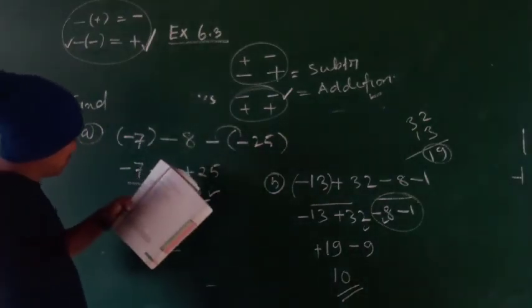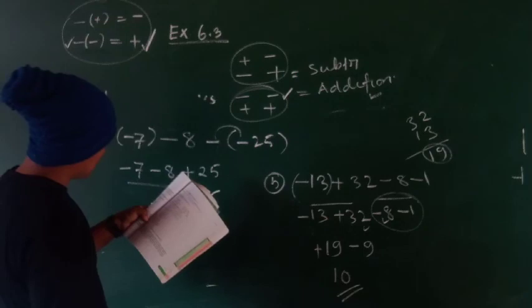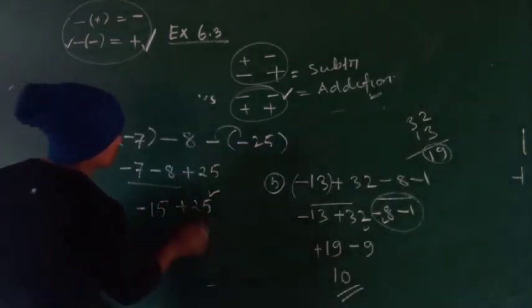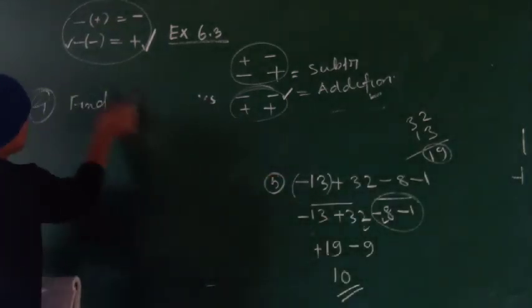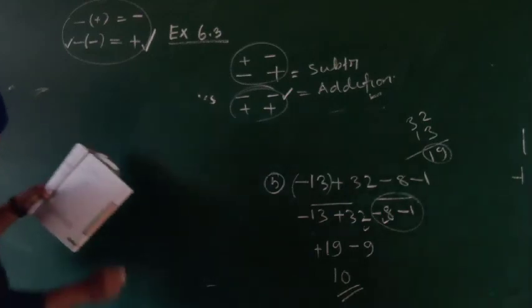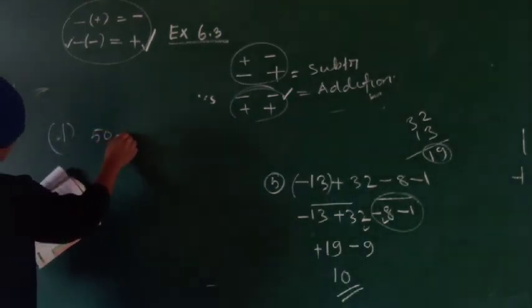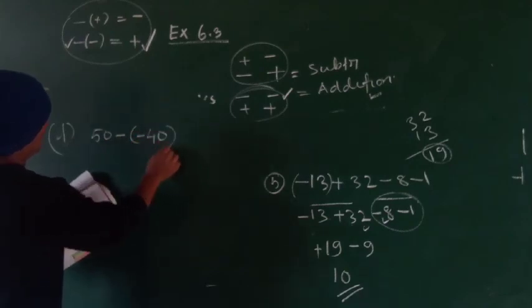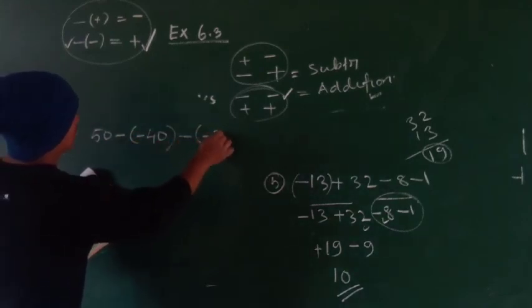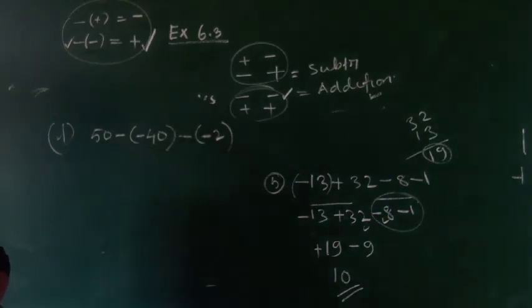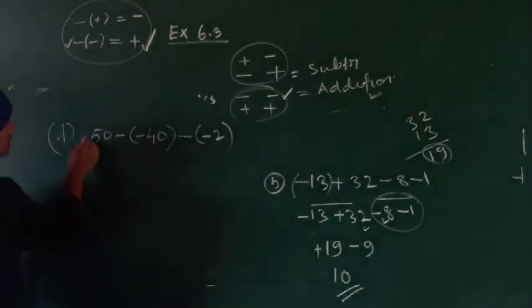Now the last one I will do, that is D: 50 minus 40 minus 2. Okay, so here all are negative, so this one is positive actually.